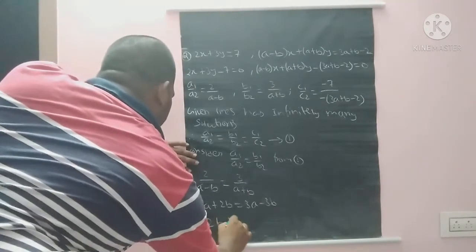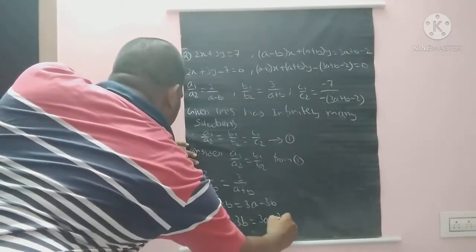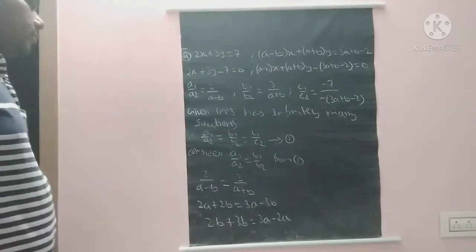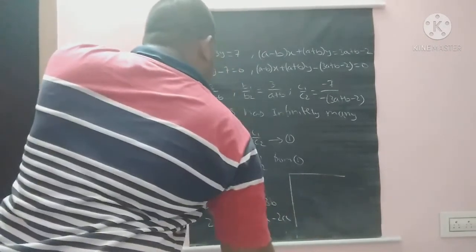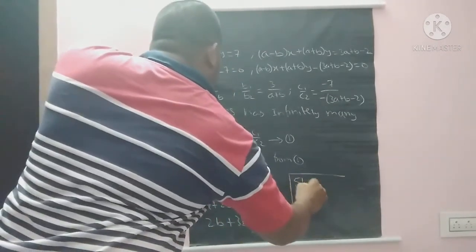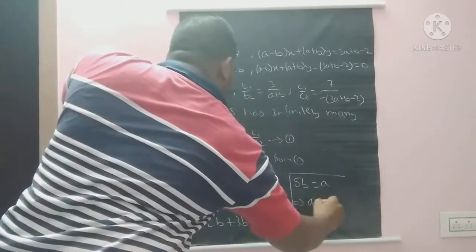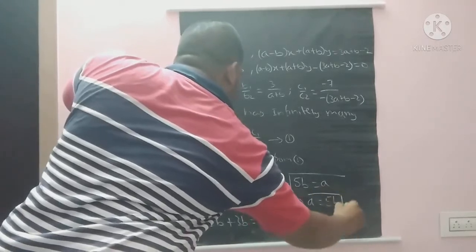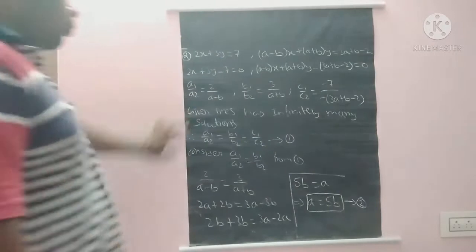So 2b plus 3b is equals to 3a minus 2a. So by this we can write 5b is equals to a, that implies a is equals to 5b. Let it be equation 2.